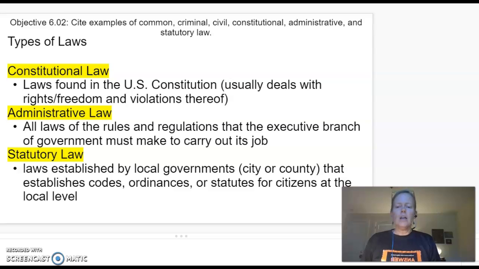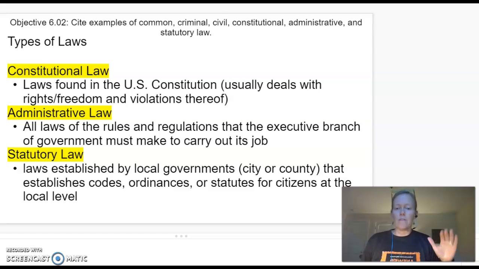Administrative law. This one is kind of weird and tricky, so let me try to explain it a little clearer. Now, the definition says all the rules and regulations that the executive branch of government must make to carry out its job. Remember, we know this by now, the executive branch enforces the laws. So administrative law is sort of any type of law that these executive branch government agencies have had to create to enforce.